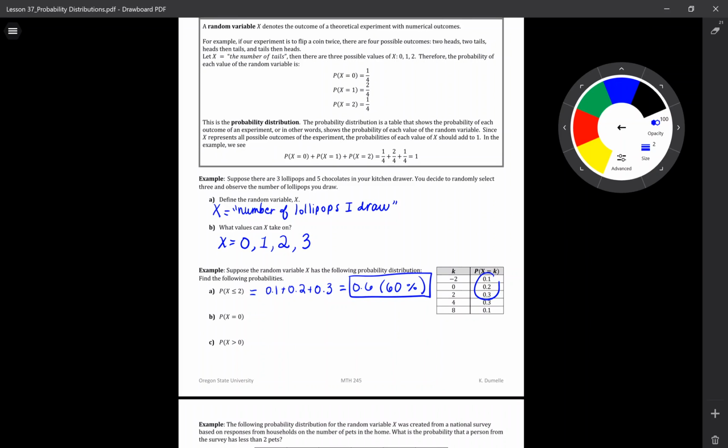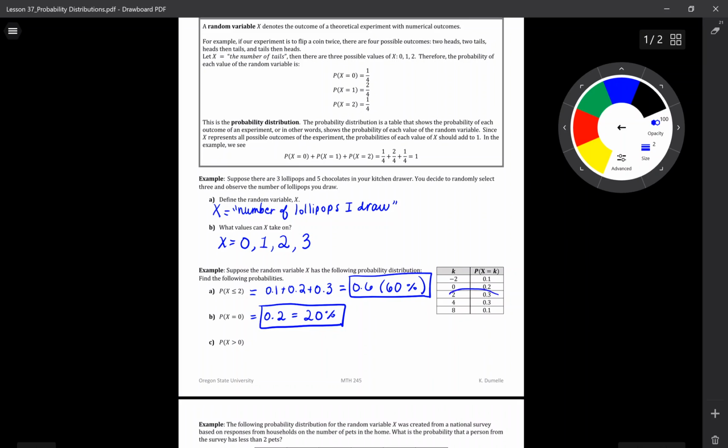What about the probability that x is equal to 0? Well, that's just one of them, and I see that x equals 0 has a probability of 0.2 or 20%. And what about x is strictly greater than 0? I cannot include 0 here since I have to be strictly greater than.